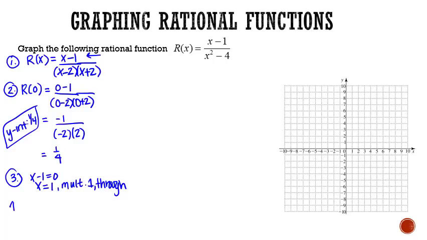Step 4. Determine the vertical asymptotes based on the factors of the denominator in simplified form. If the multiplicity of a factor is odd, the graph will approach opposite infinities, and if it is even, it will approach same infinities. Looking at what we found in step 1 for the simplified version, our vertical asymptotes are going to be at x equals 2 and x equals negative 2.